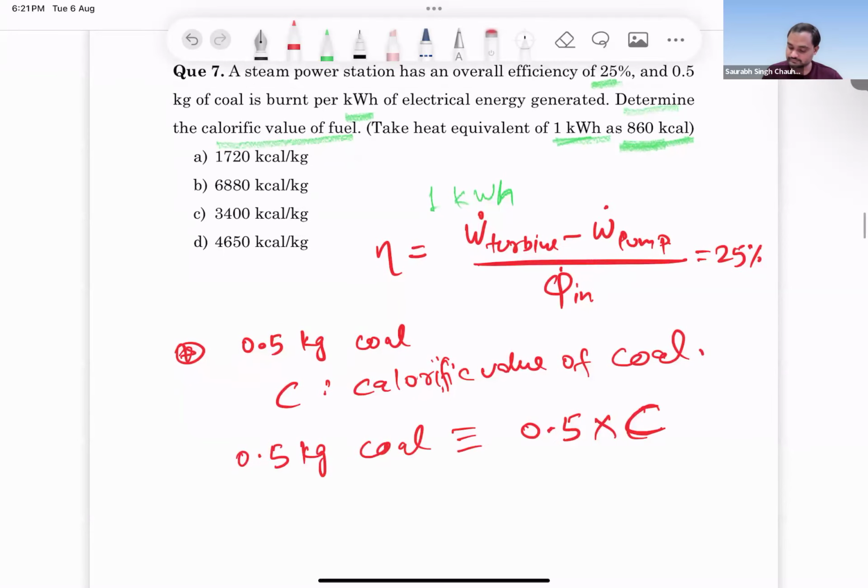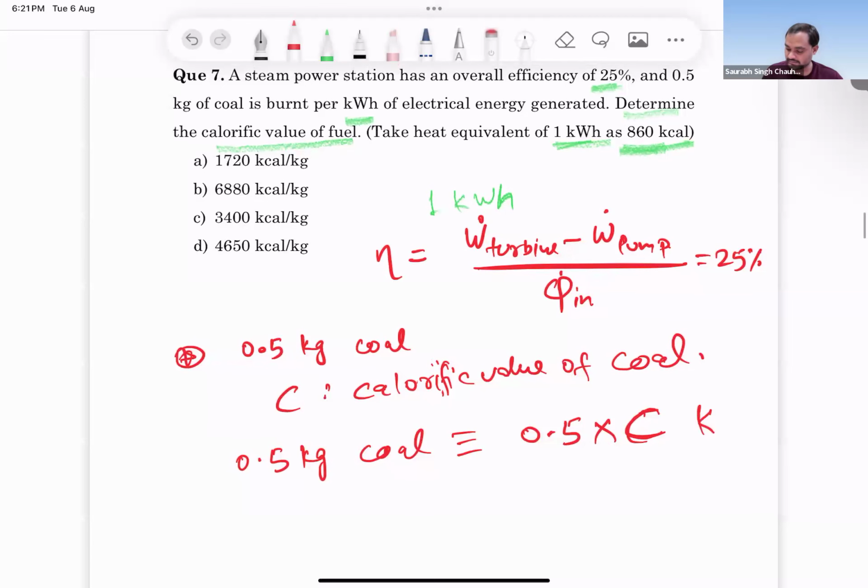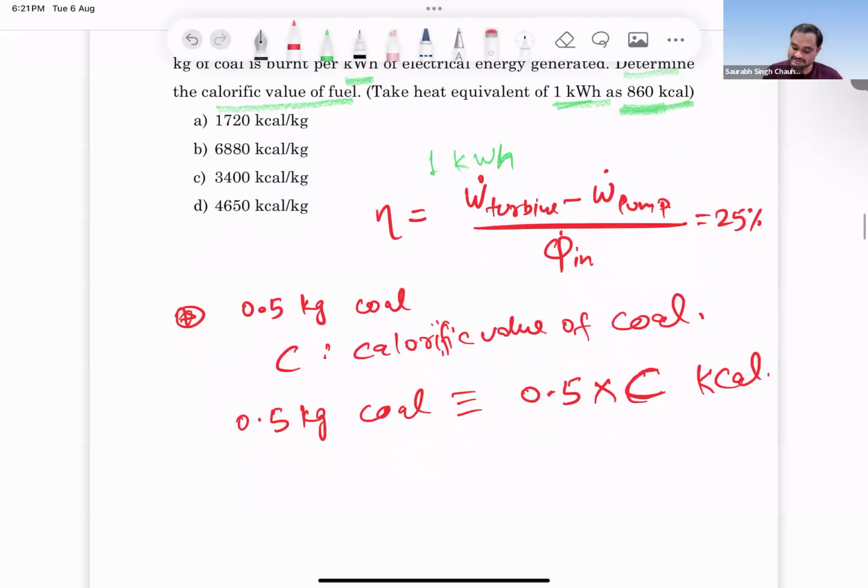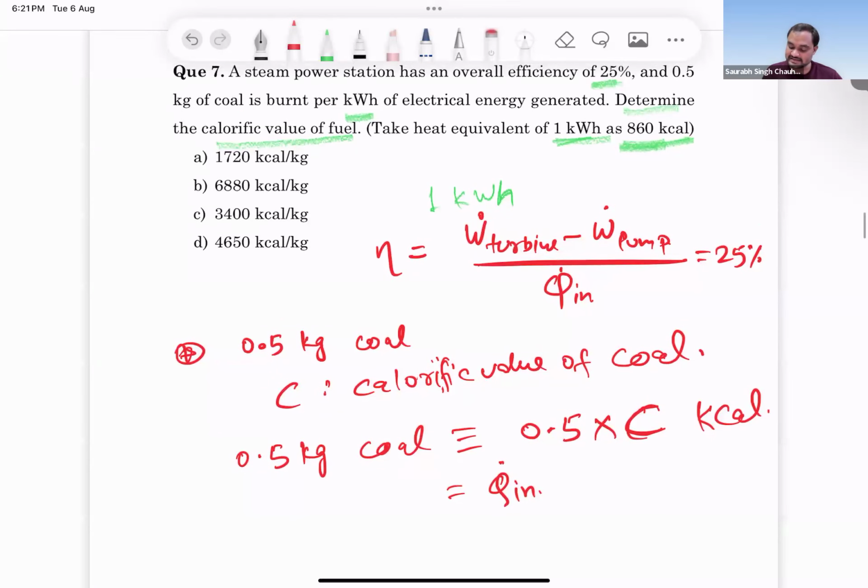Okay, kilocalorie. So this is our heat input. Okay, this is our heat input. And it is saying that 0.5 kilogram of coal is burned per kilowatt hour.